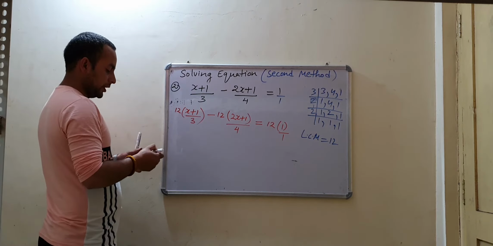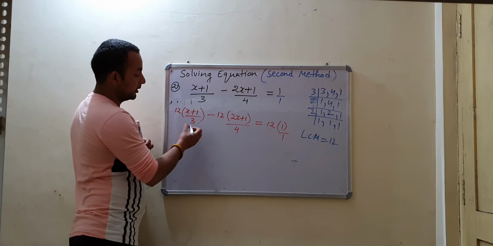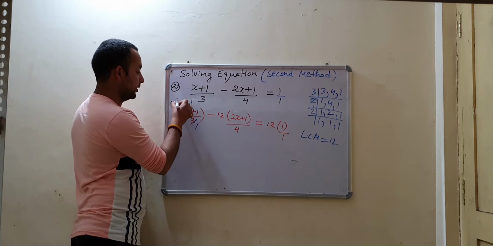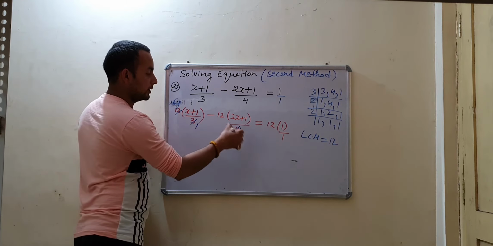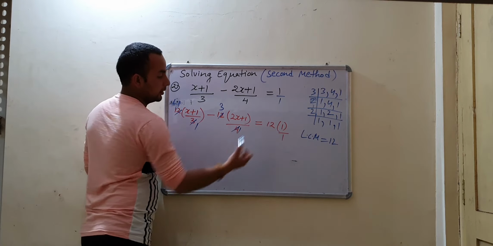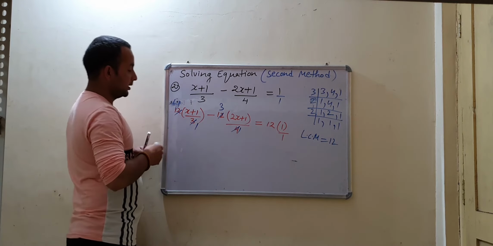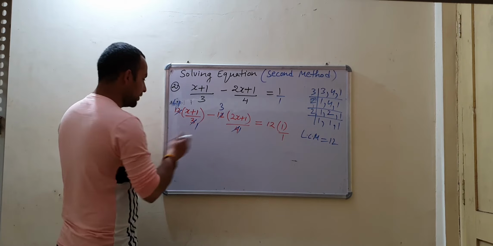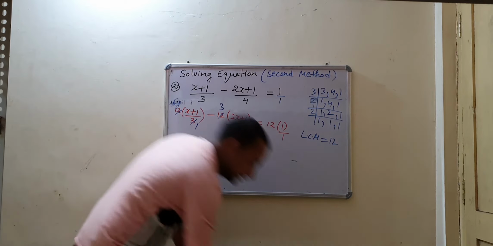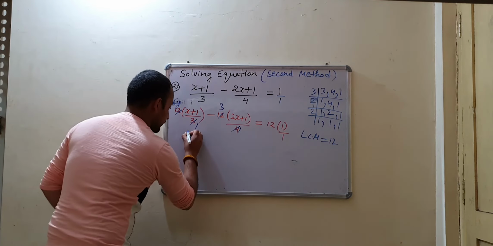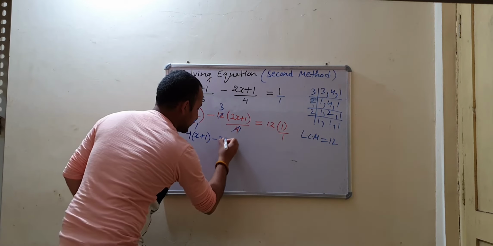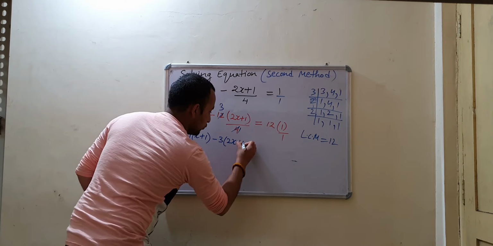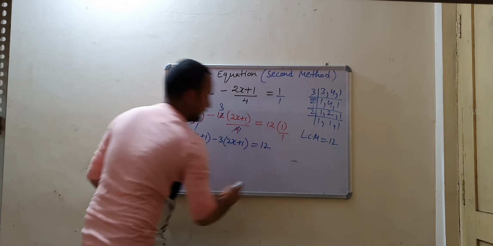Now cut down: 3 4s are 12, 4 3s are 12, and 12 as it is. What your equation will become is 4(x plus 1) minus 3(2x plus 1) equals 12.